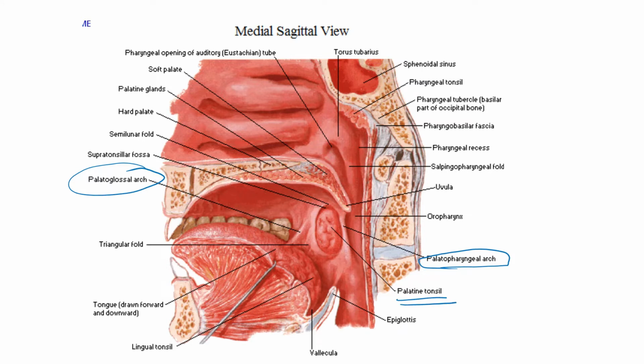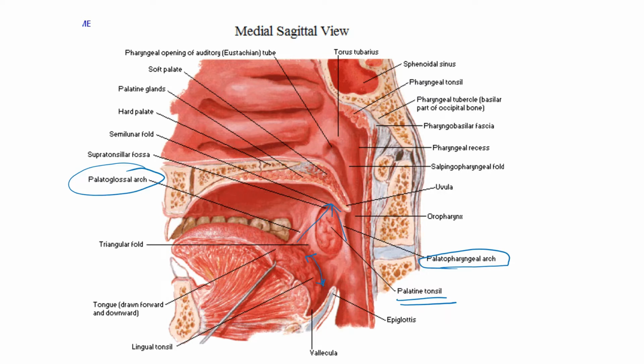This palatine tonsillar fossa is directed upwards where it forms the apex. The apex of the tonsillar fossa is formed by the meeting of the palatoglossal and the palatopharyngeal arch, whereas the base of the tonsillar fossa is formed by the dorsal surface of the posterior 1/3 of the tongue.